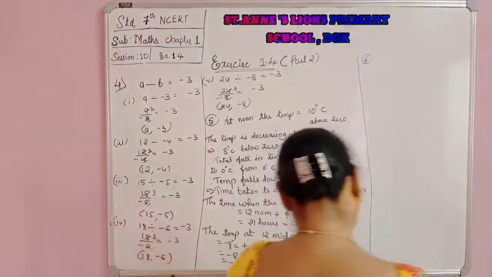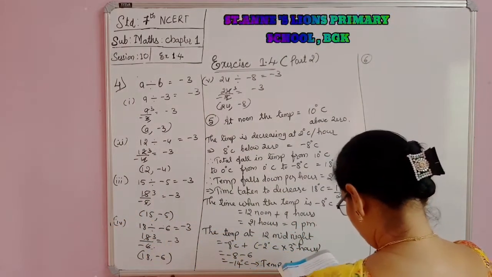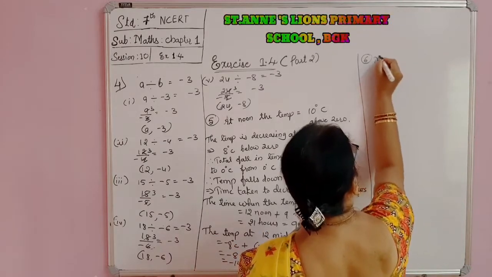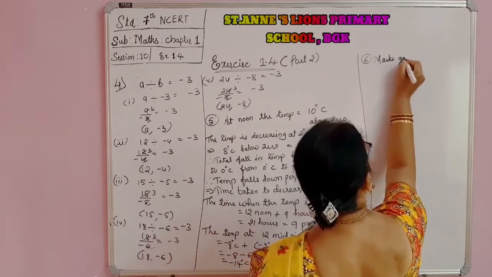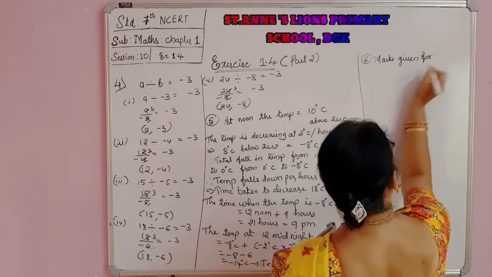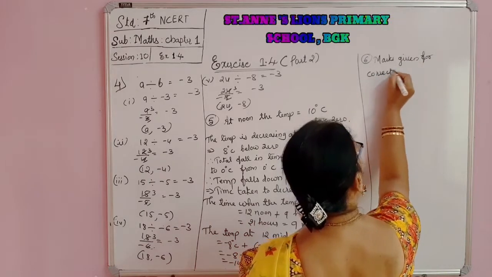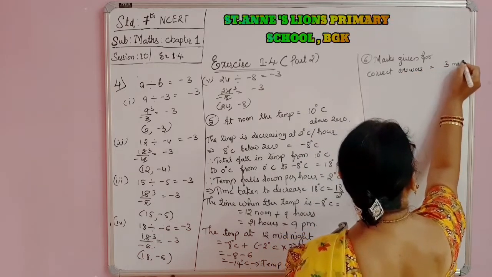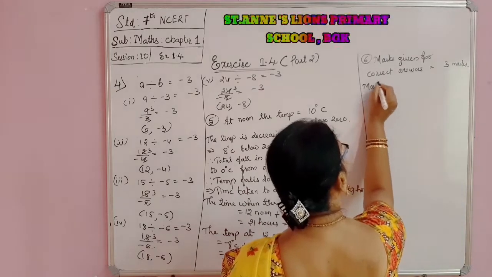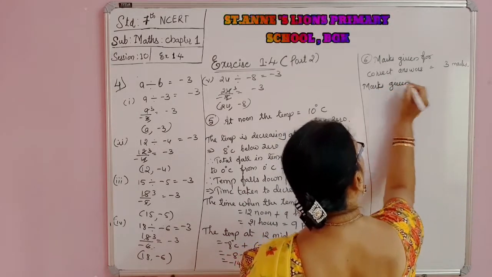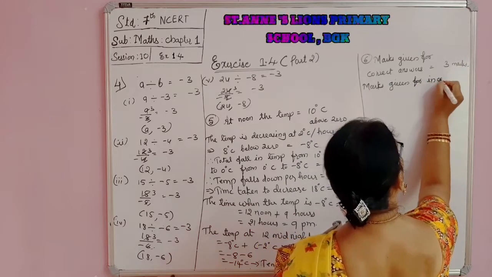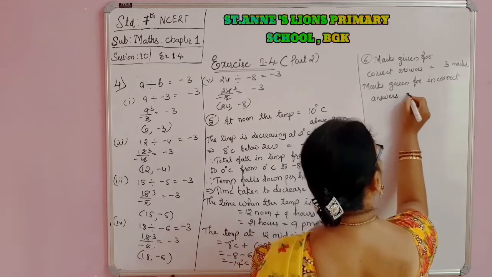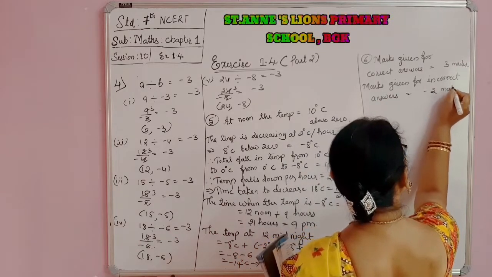Okay, now we will do that one. First we will write the marks. Marks given for correct answers is 3 marks. Marks given for incorrect answers is minus 2 marks.